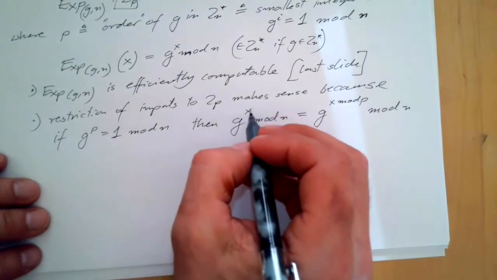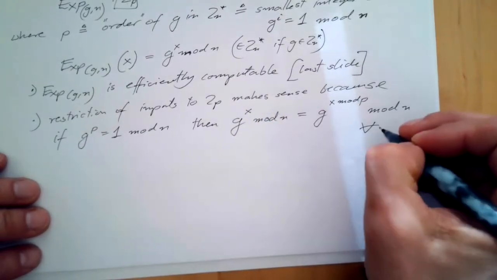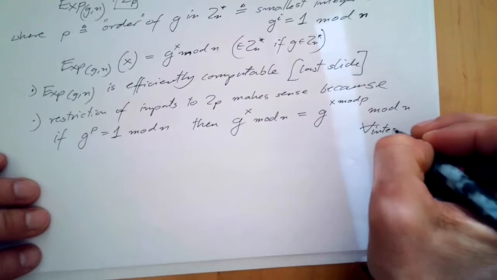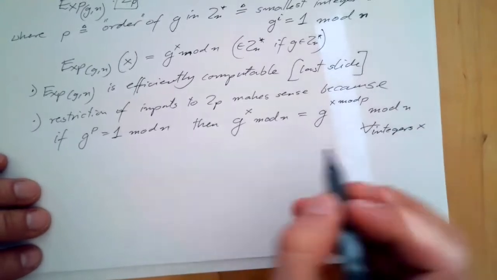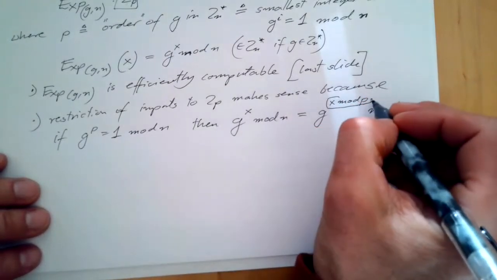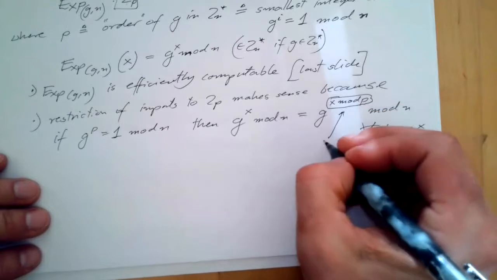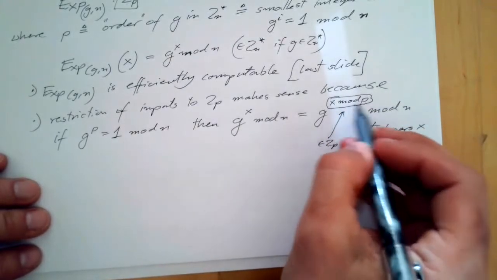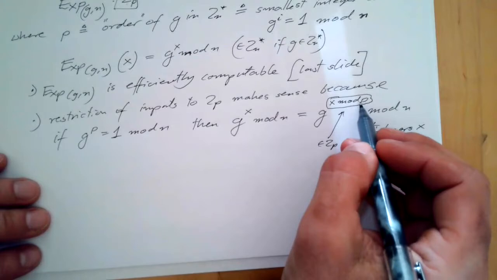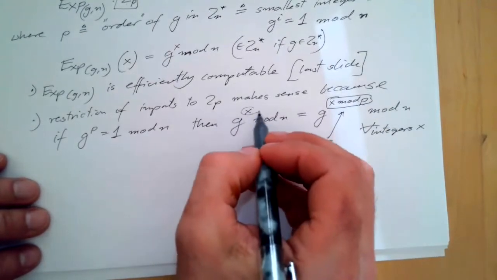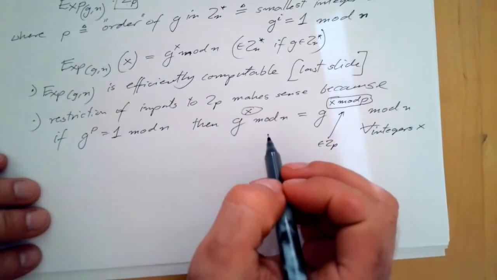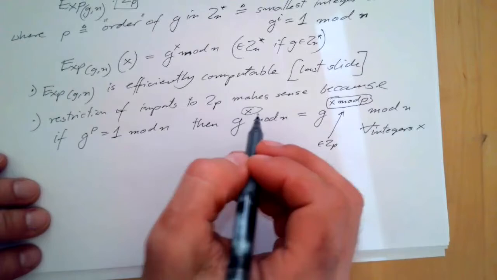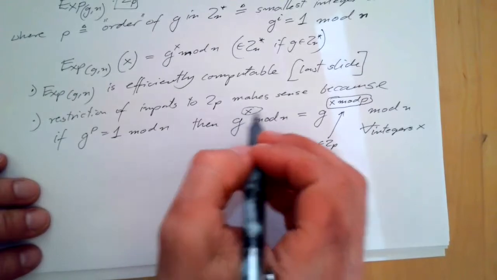In other words, this holds for all integers x. So you see, this exponent is clearly in Z_p, because Z_p is just the set of residues mod p. Okay, x is an arbitrary integer. But for an exponentiation of g to an arbitrary integer, I don't have to perform it directly.